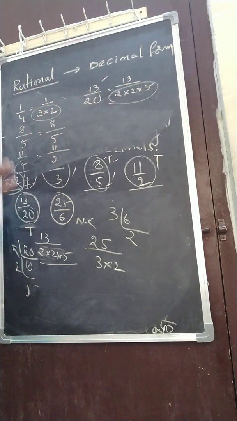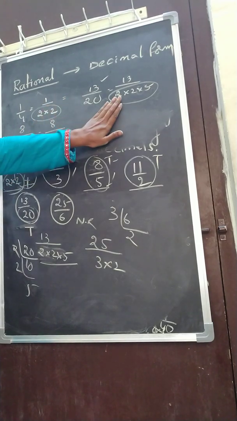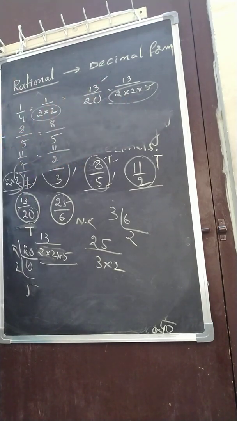So for a rational number, we can say whether it is terminating or not by splitting its denominator into the prime factors. If the prime factors are only 2's or only 5's or a combination of 2's and 5's, then that number is called a terminating decimal.